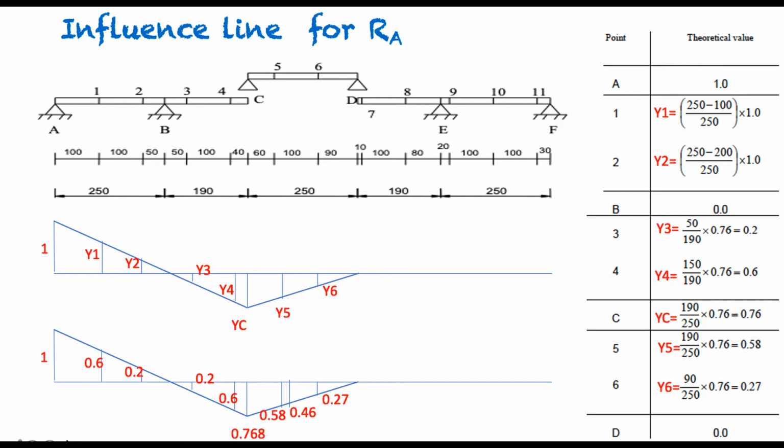Then since beam CD is simply supported, C will also deflect, following the deflection of overhanging C, and then linearly reach 0 at support D.